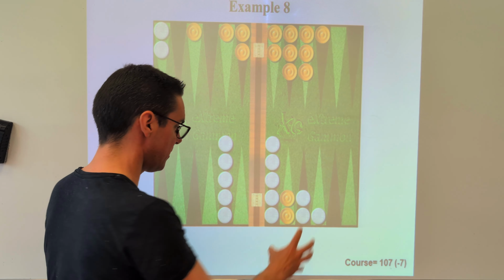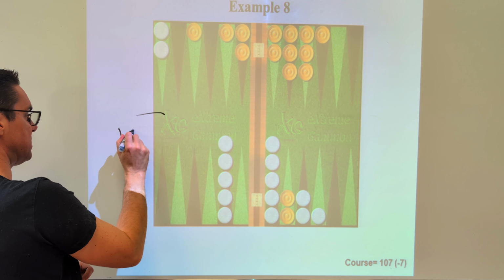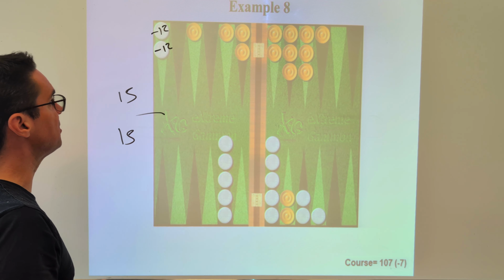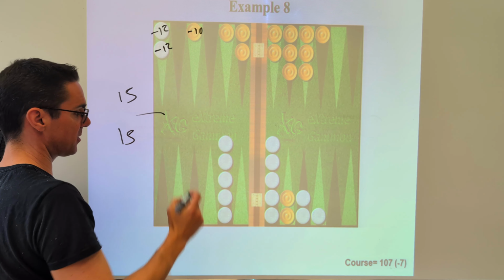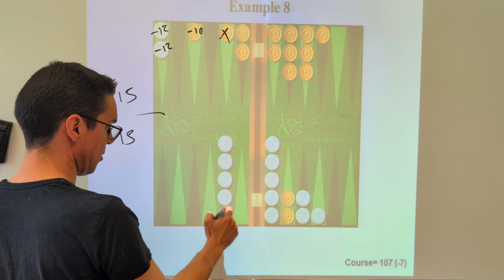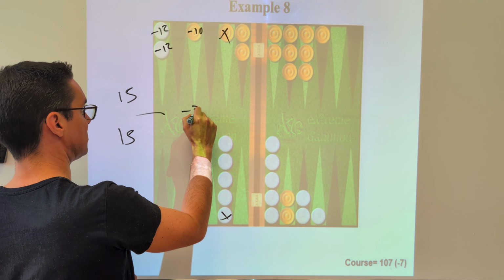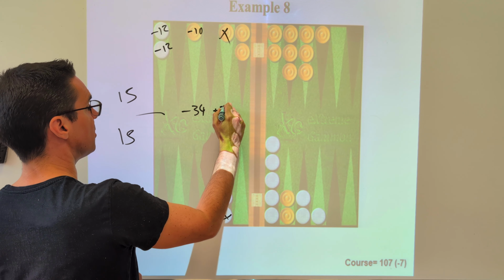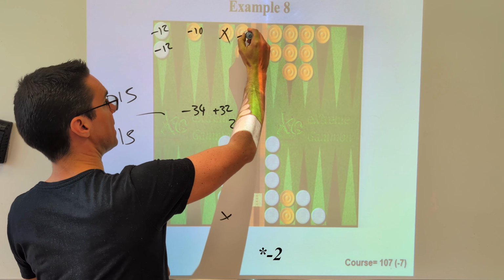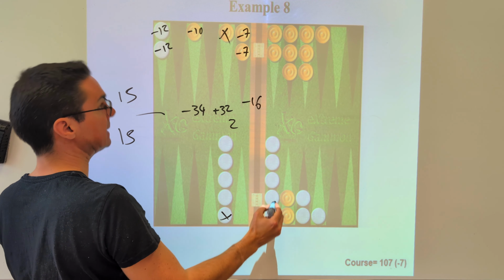Another example here, you have 5 checkers, 5 checkers, and 5 checkers. You have 15 checkers here, 15 checkers here, minus 12, minus 12, minus 24, minus 34. This one is equal, minus 34 plus 8 plus 8 plus 8 plus 8 is minus 34 plus 32 is 2. 2 minus 7 minus 9 minus 7 minus 16.